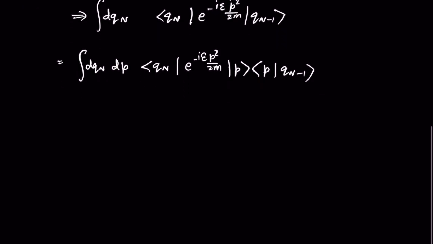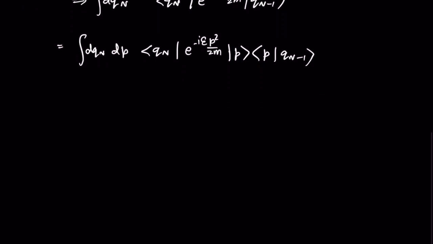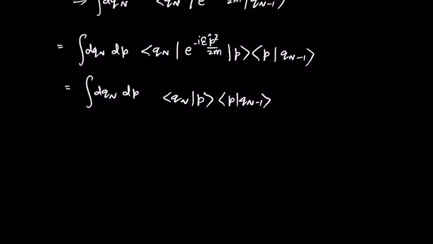Since it is completeness, we are integrating over dp. We know the action of p squared on its own eigenstate p leaves us with just the p value instead of the operator, so ⟨q_n|p⟩⟨p|q_(n-1)⟩, and we can drag the number out: e^(-iεp²/2m).